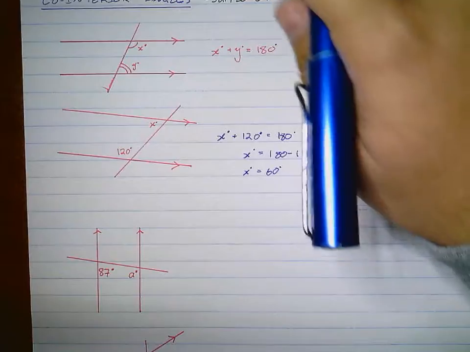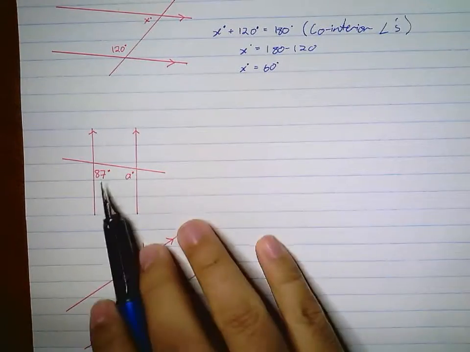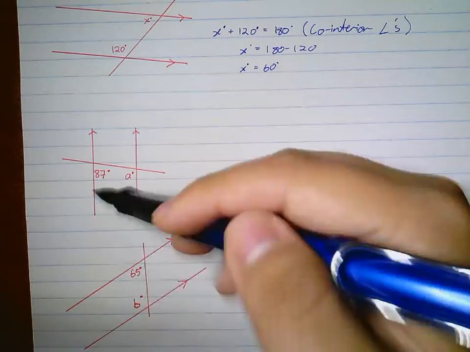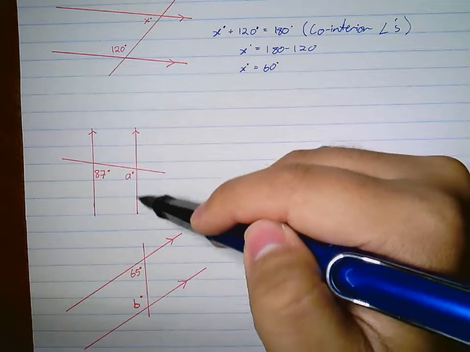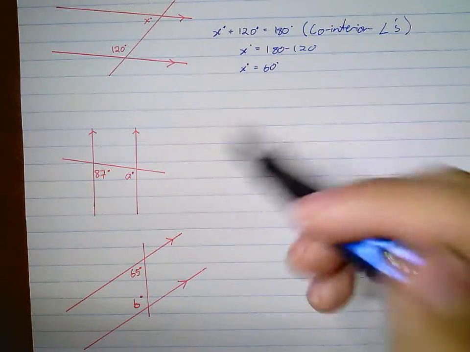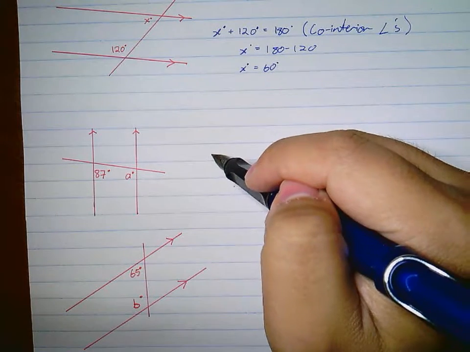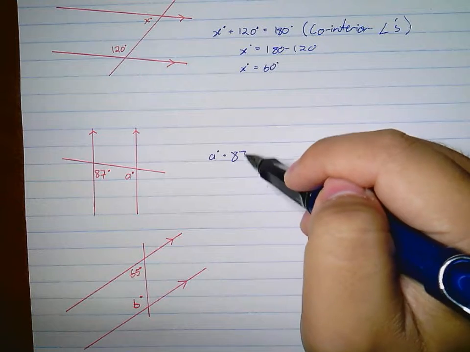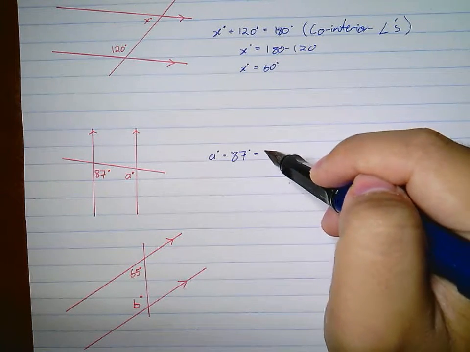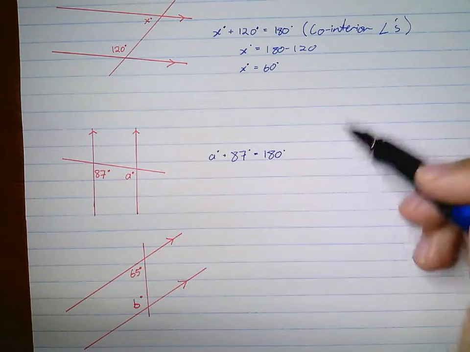And the same can happen for here. Once again, there's our letter C. This time it's facing downwards, but it's still co-interior angles regardless. So we can say A degrees plus 87 degrees is equal to 180 degrees.